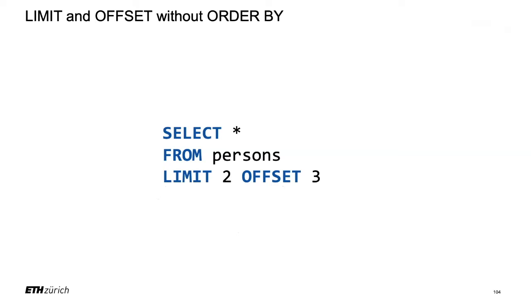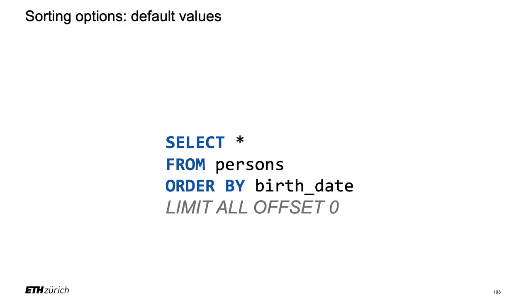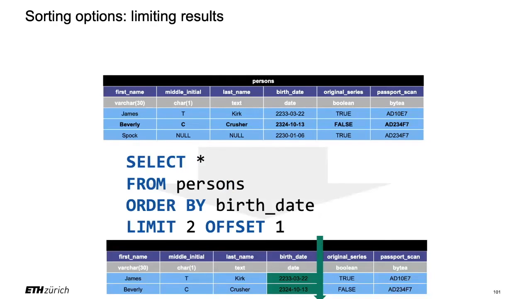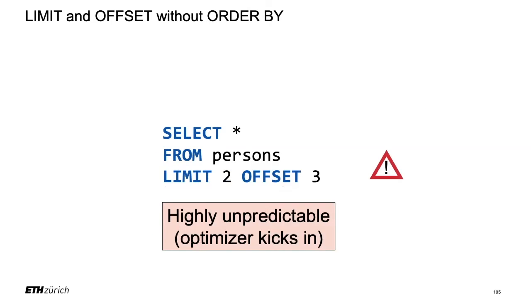So if you don't order by anything, PostgreSQL has total freedom of doing whatever it wants with the order. It's whatever makes your query faster. If you try limit 2 offset 3, it will throw at you 2 of the records, but it can be any of them. It's almost a random draw. This is why you should never, ever, ever use limit and offset without order by. It's a very bad idea. Always use order by.